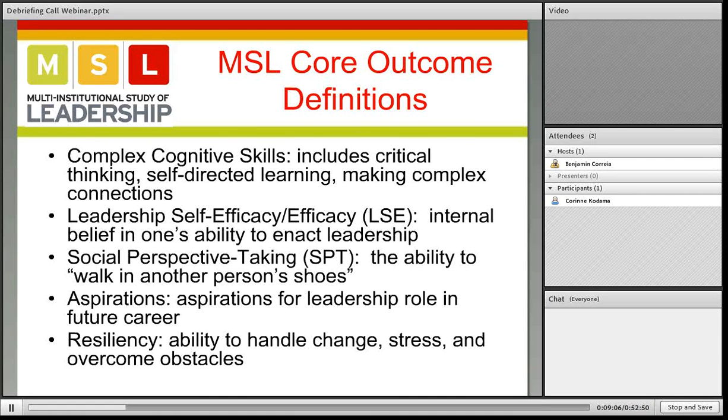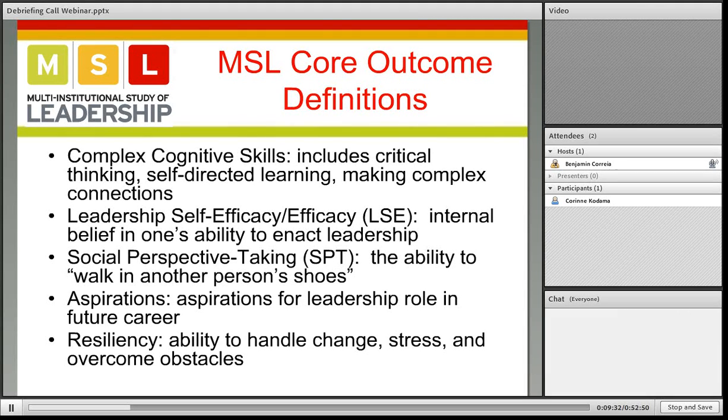This gives you a little outline of what each of those areas mean, the definitions for the outcomes. For those of you who are not familiar, complex cognitive skills involves critical thinking, making complex connections. Leadership efficacy deals with one's internal belief and their ability to enact leadership.